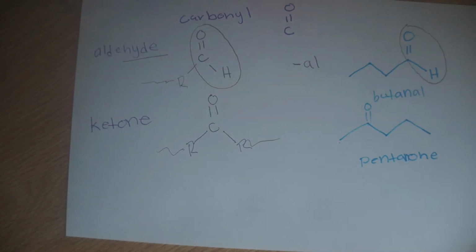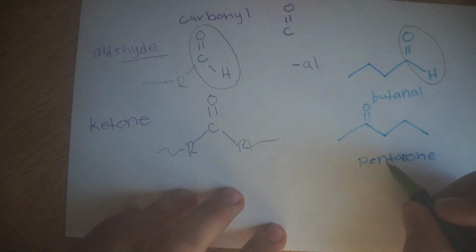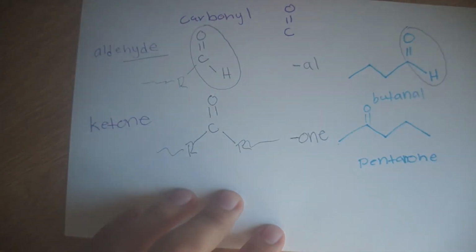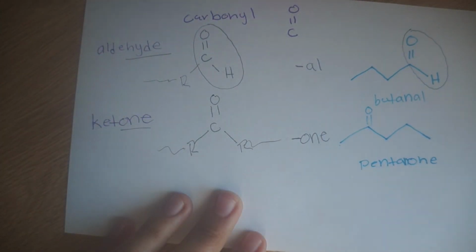So when you have a ketone, you drop the E at the end. So this one would have been pentane, but I dropped the E and I put the one. So the suffix for this one would be one. Ketone, change it to one.